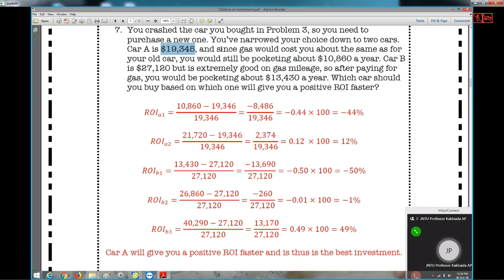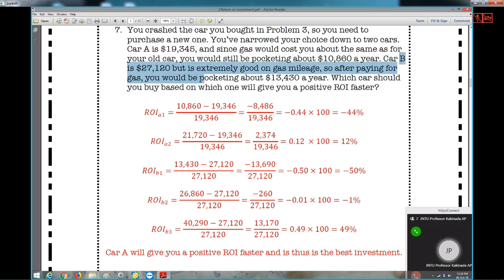Since gas would cost you about the same as for the old car, you would still be pocketing about $10,860 per year. Initial investment of car A is $19,345, and at the end of each year, you are having $10,860 per year.